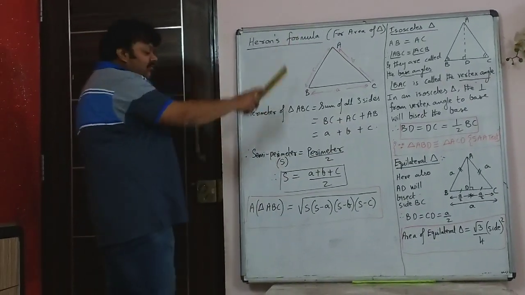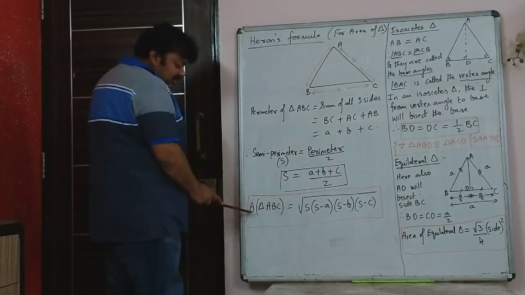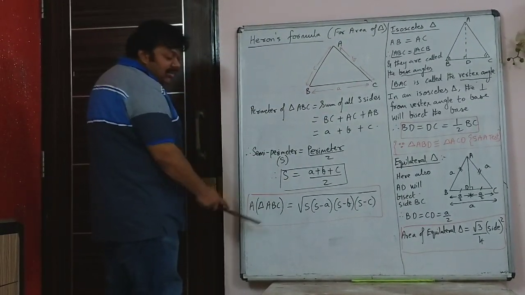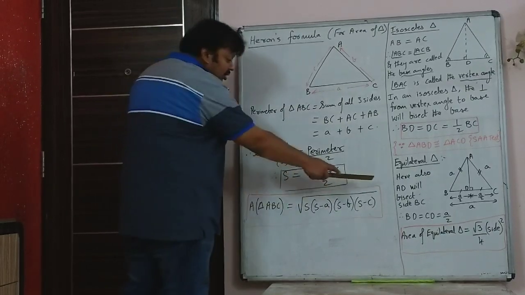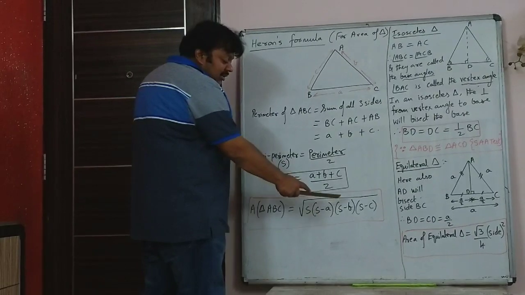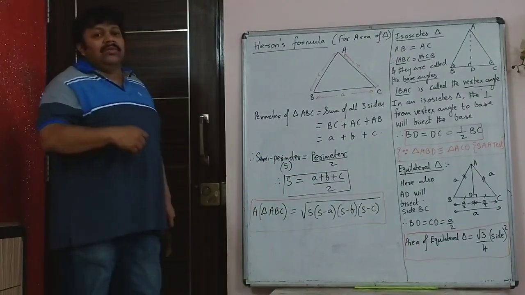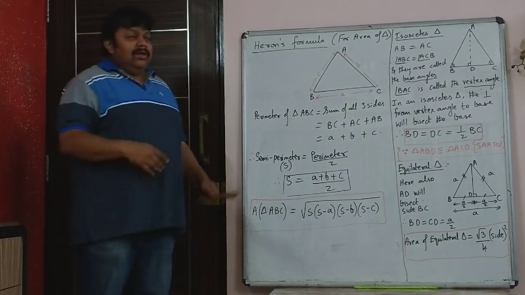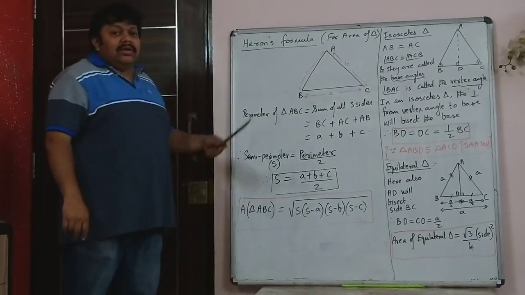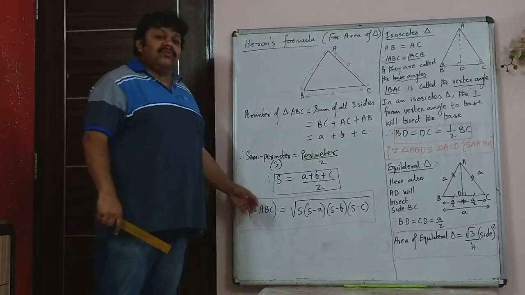Now as per Heron's formula, the area of triangle ABC is the square root of s into (s minus a) into (s minus b) into (s minus c). This formula can be used for any triangle. I have not specified whether it is equilateral, isosceles or acute angled.